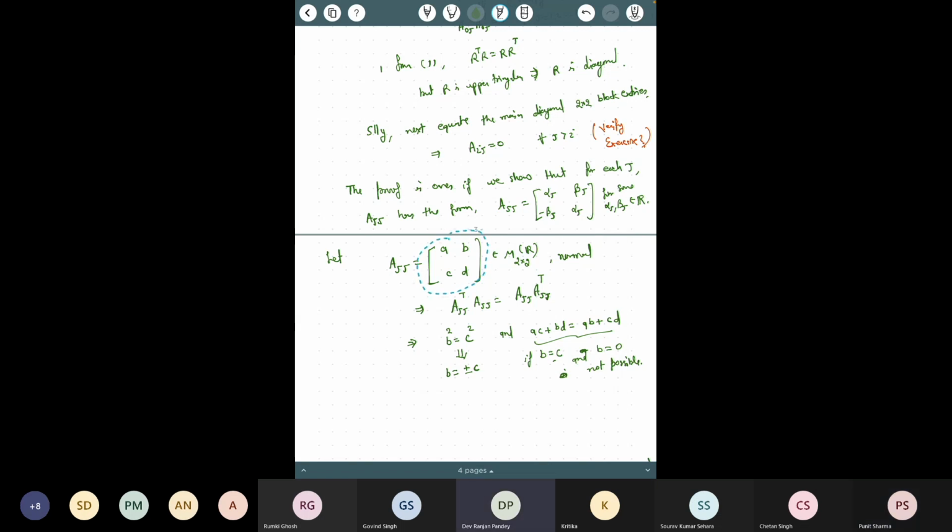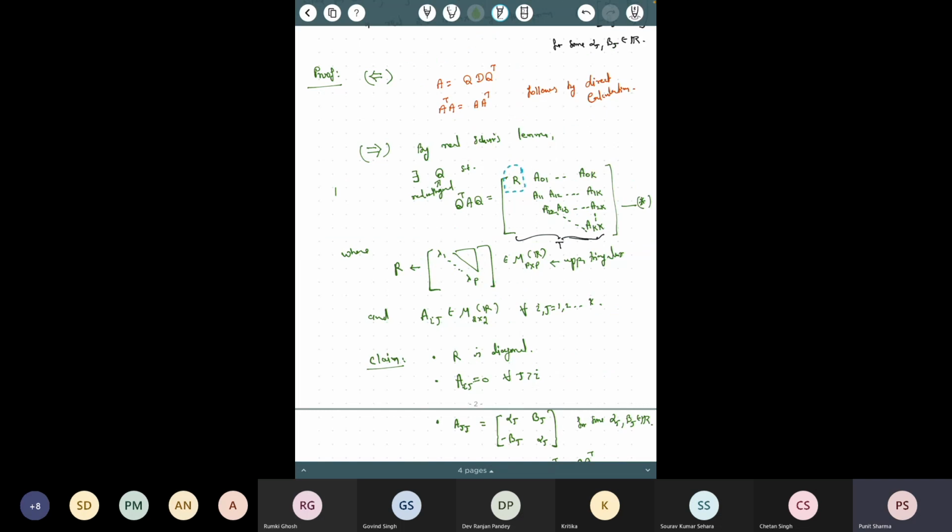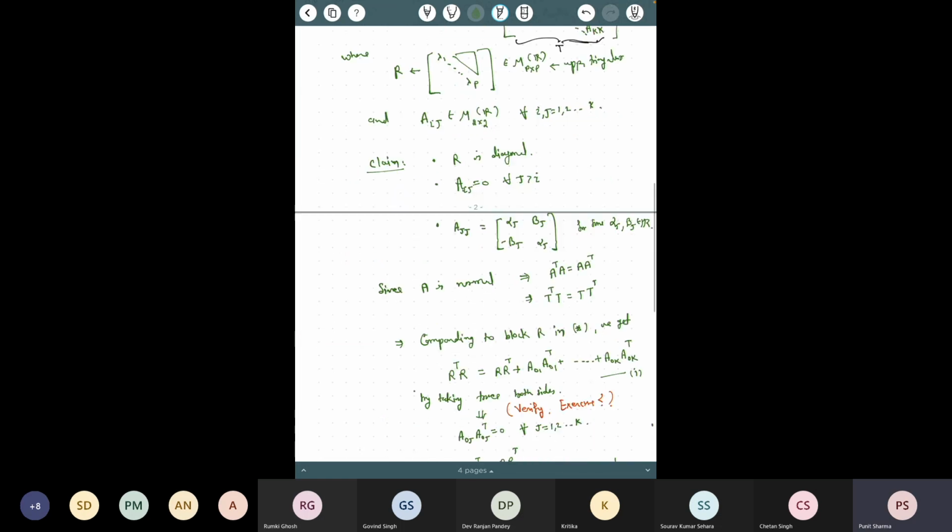Because we are taking only 2 cross 2 blocks in the form of AJJ, the 2 cross 2 block corresponding to the complex conjugate eigenvalue. If it is a diagonal matrix, then AJJ has two real eigenvalues, but we have already taken all the real eigenvalues in R. These are corresponding to the complex eigenvalues, so this cannot happen.